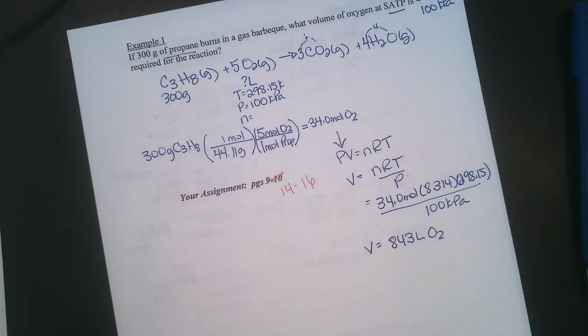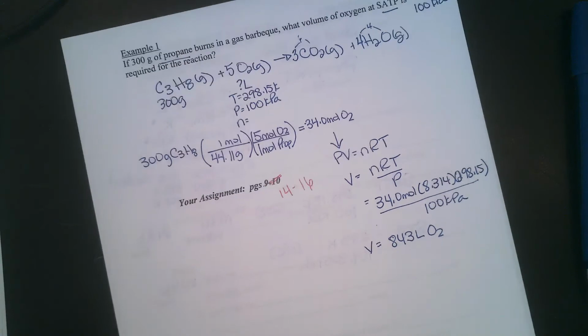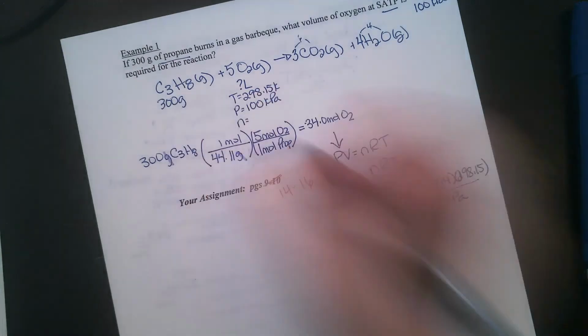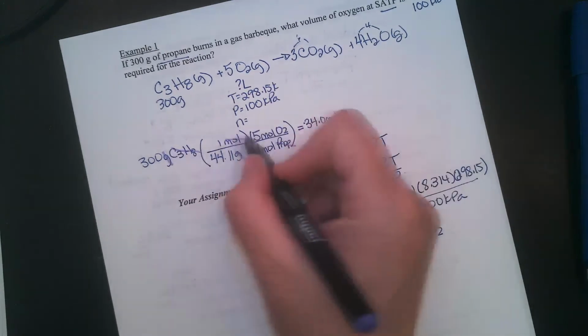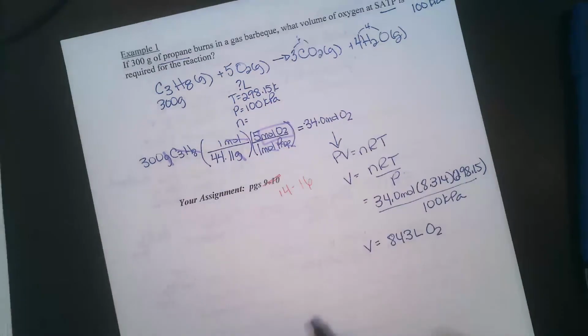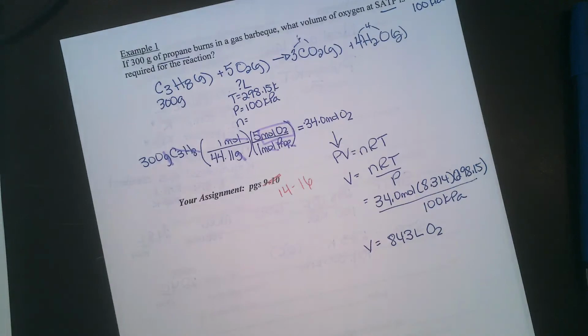If you want to challenge yourself and do it linearly, you can, but I've seen more mistakes by trying to do it linearly than when you stop here. So here's grams. Here is propane. There's the moles, and you're left with moles of O2 when we do unit analysis. So you're going to stop here and you're going to work on pages 14 to 16.